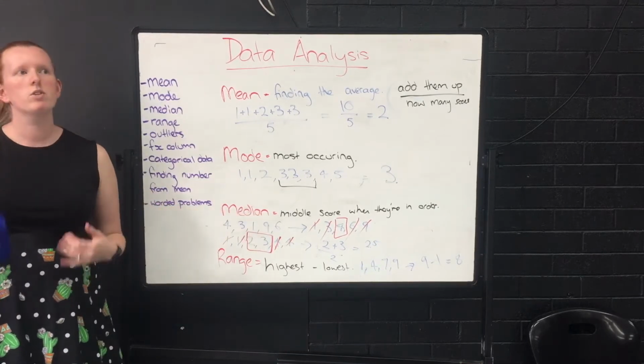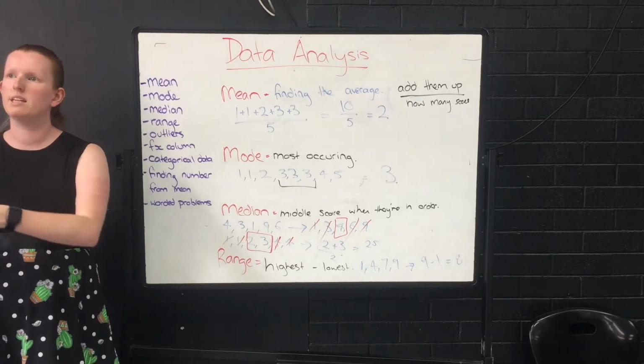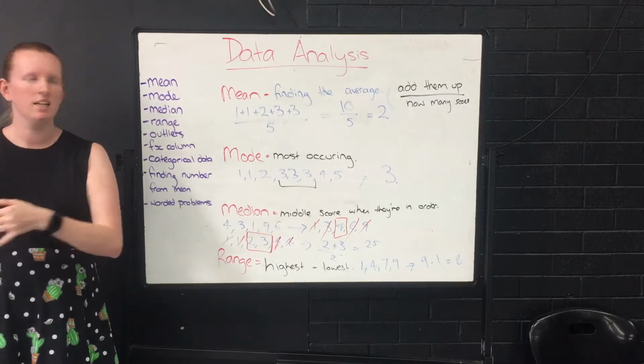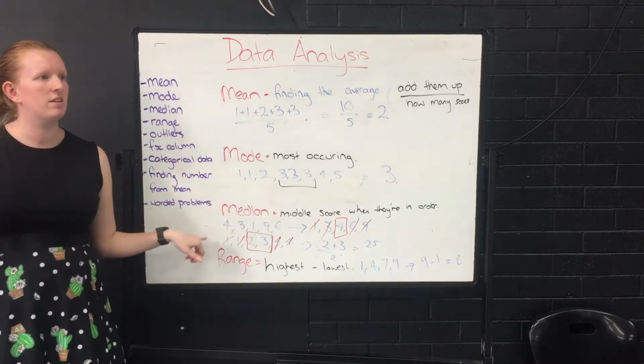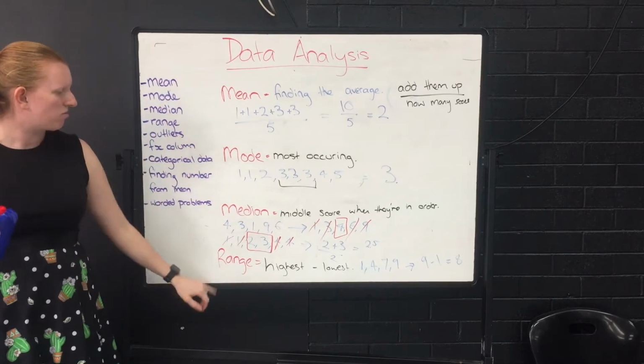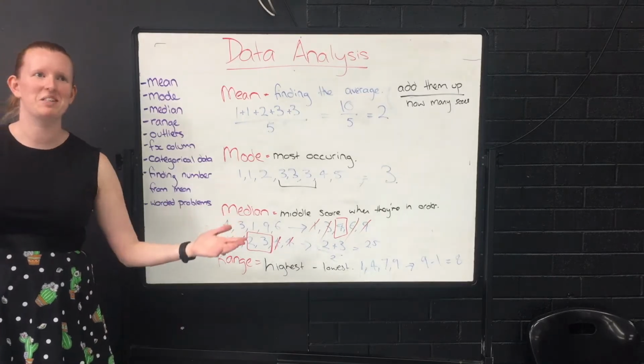Median, the street in the middle of the road is called the median street. Median is the middle number. And range, I don't have a trick for that one, it's just highest minus lowest.